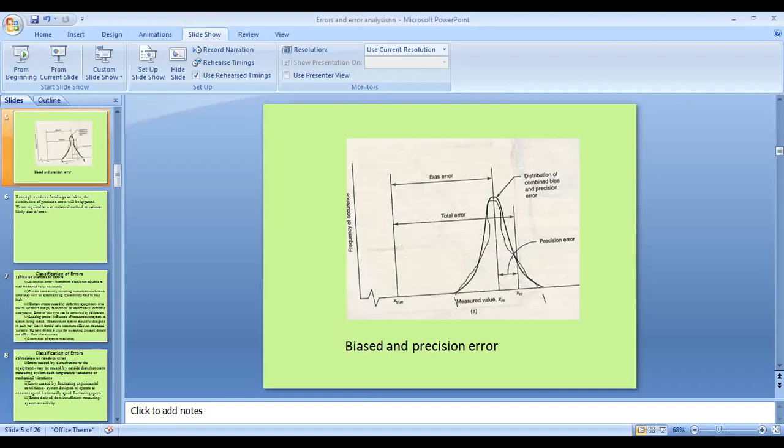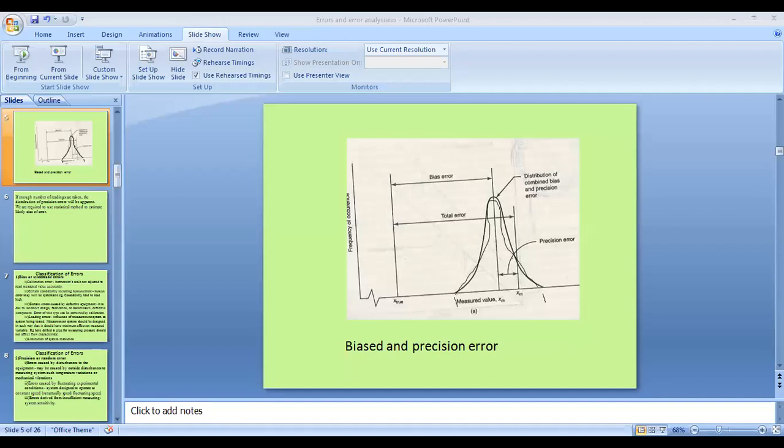Okay, I will share again because I was on another slide. Stop sharing. Can you see now?